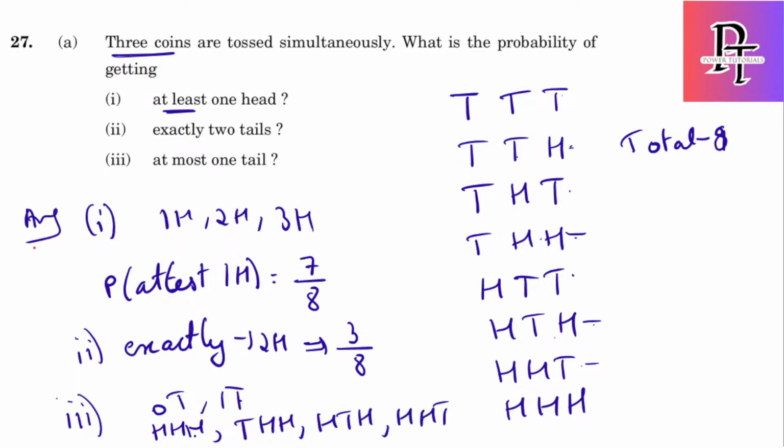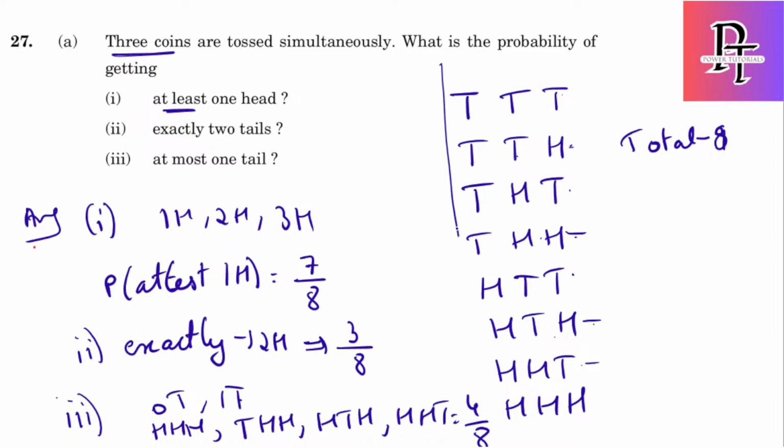So the total chances are 1, 2, 3, 4. So for the third question the answer is 4 by 8. The probability of any event is winning chances by total chances. So for this question the answers are 7 by 8, 3 by 8, and 4 by 8.